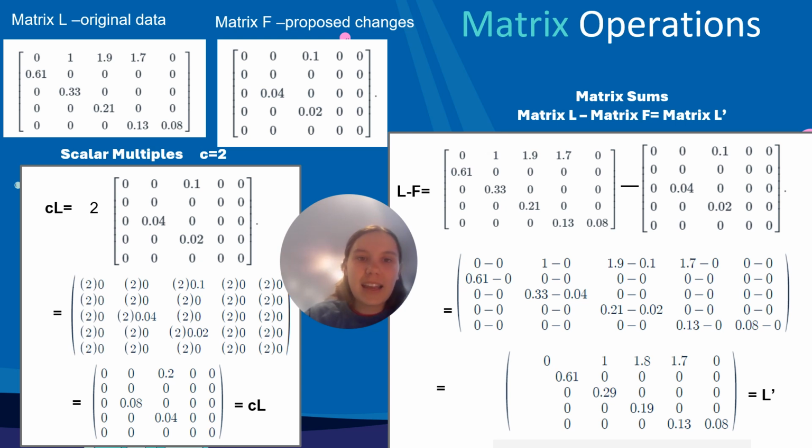As we can see here, I did out the math for you. We take the 2 and multiply it by every single entry in the matrix, and then we do out the math and get CL. L, once again, is the original data, and C is that constant of 2.